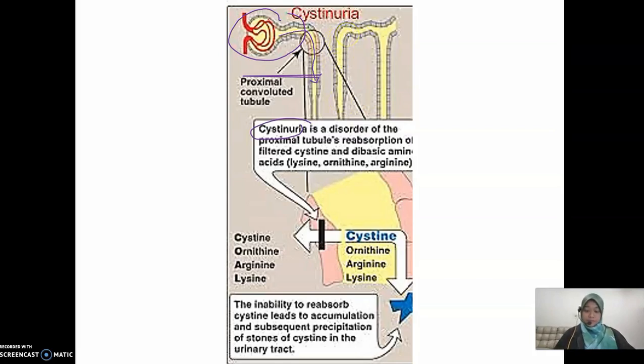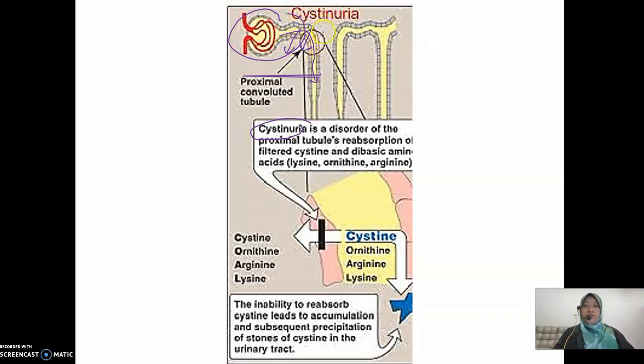However, due to the carrier protein that transports cysteine is missing or defective, cysteine accumulates inside the urine. Supposedly, cysteine inside here, proximal tubule, will be reabsorbed into the bloodstream.